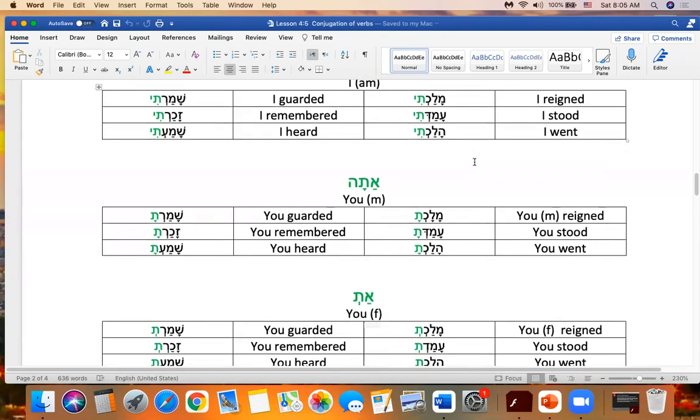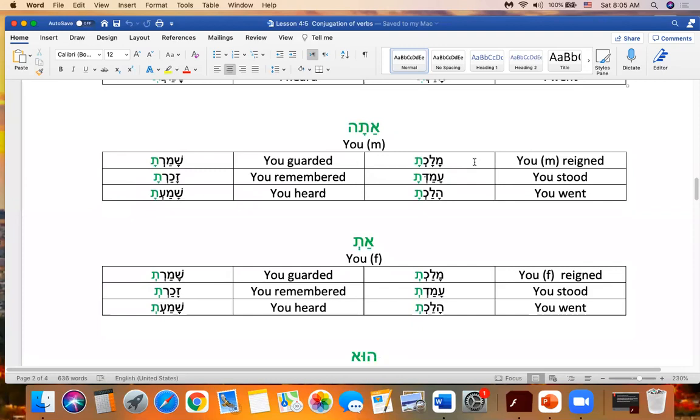So look at you masculine singular, ata. So ata, the ending sound is ah. So it's the same thing. You take the root of the word and you add ta. So you reigned is malak, so it's malakta. Stood, amad, amadta. Went, halak, halakta.